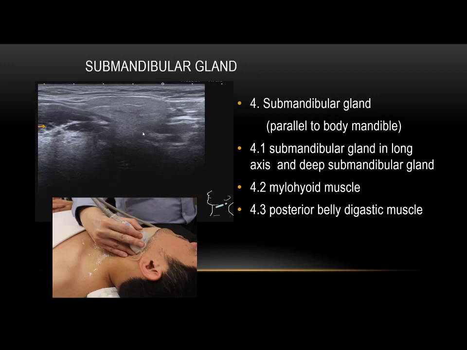So in this view, you have to recognize how to scan the submandibular gland, with the landmark of the mylohyoid muscle here, which, as I told you, covers more anterior and lateral, but in the posterior part it is not covered, and the structure around here is the posterior belly of digastric instead.